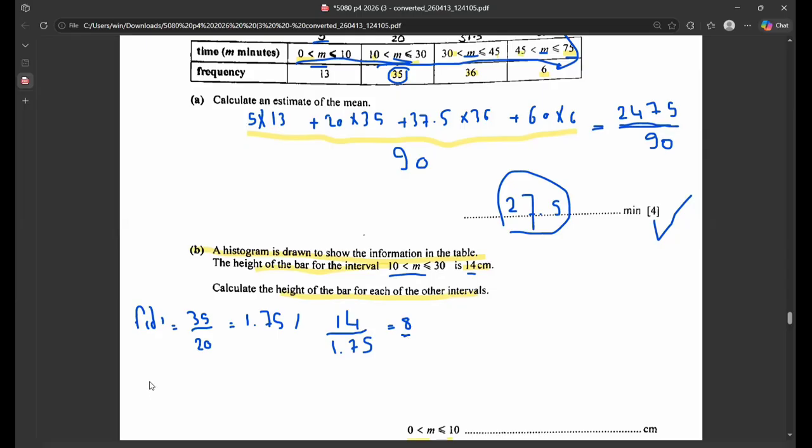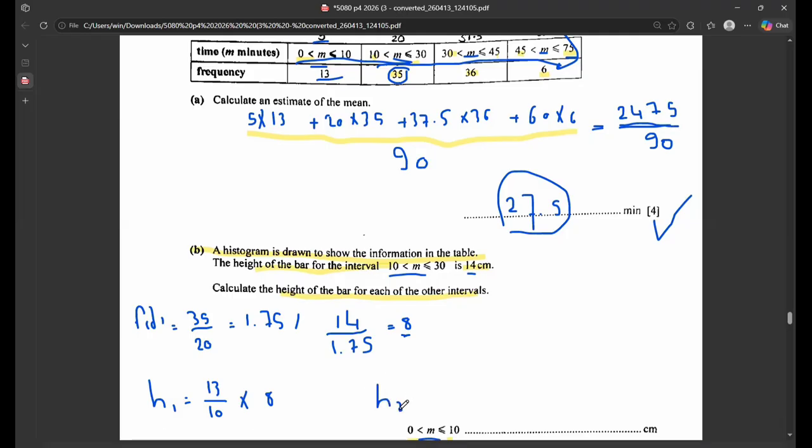So for the height of the first one, from 0 to 10, we get the frequency density. We have 10 as the class interval and 13 as the frequency. So 13 over 10 multiplying by 8, this will be for H1.